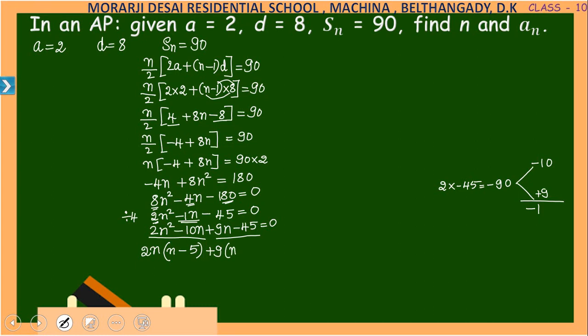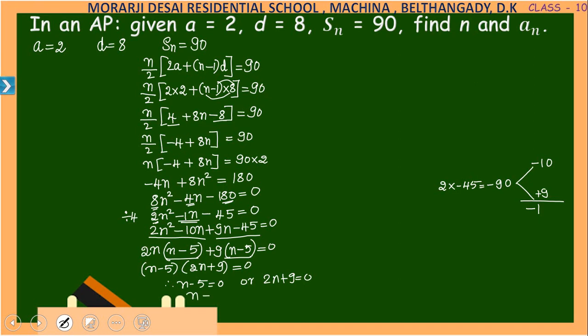If I take outside, remaining n minus 5 is equal to 0. Now n minus 5 is a common term. Write it outside, then remaining 2n plus 9 is equal to 0. Now n minus 5 into 2n plus 9 is equal to 0. Therefore, n minus 5 is equal to 0 or 2n plus 9 is equal to 0.